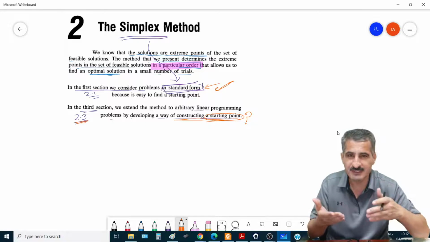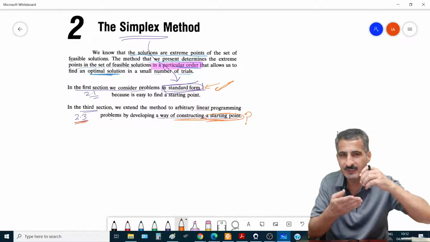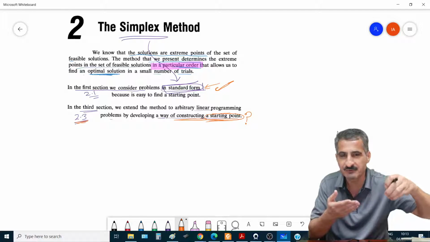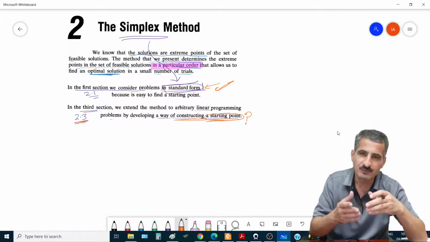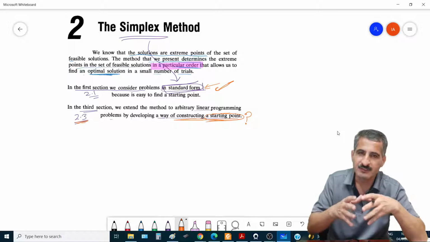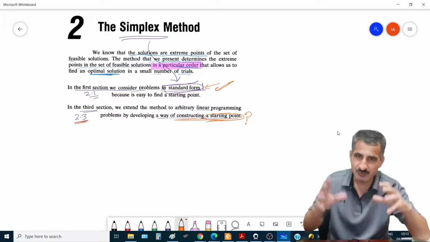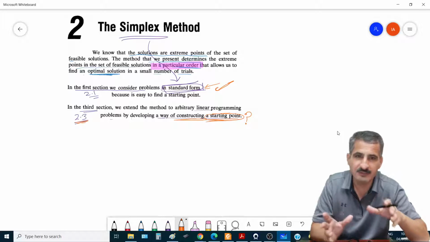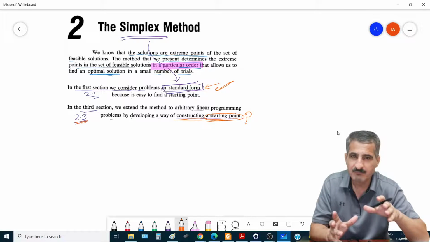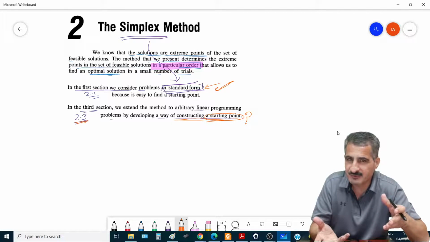Now, how is that related to what I already said of moving from an extreme point to an adjacent one and so on? What I want to say here is that the process of the simplex method working with tables is easy, and we can learn it. But why this process takes us to the optimal solution, we need to understand that.